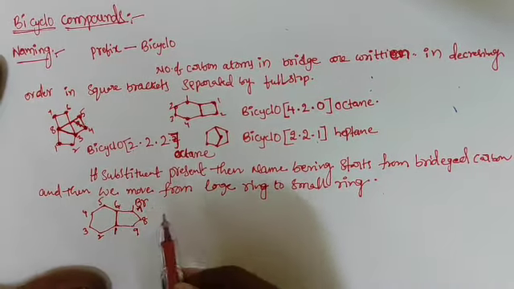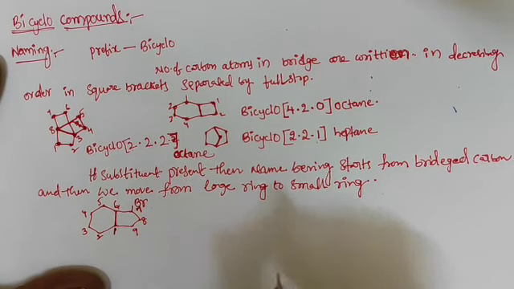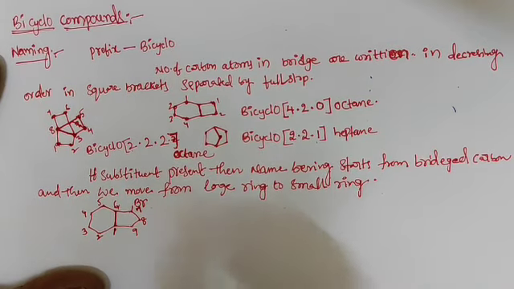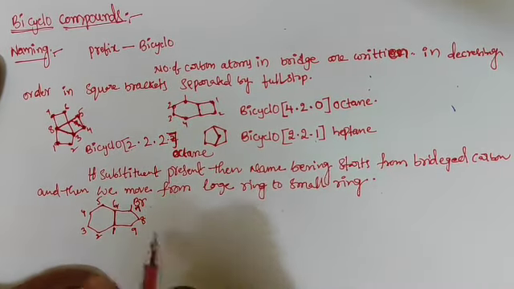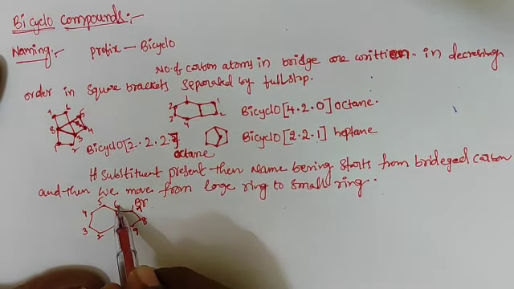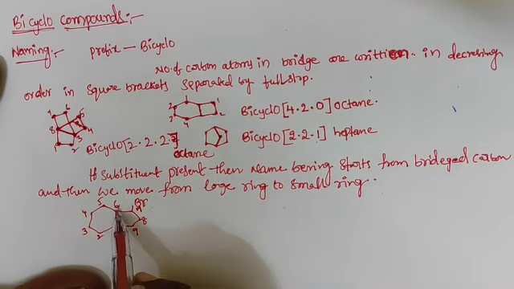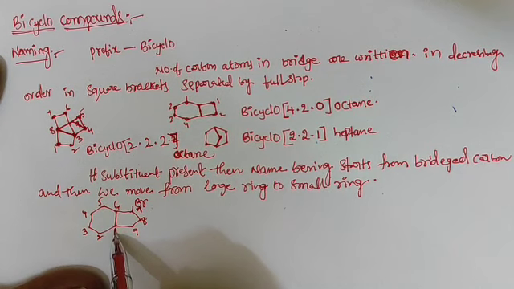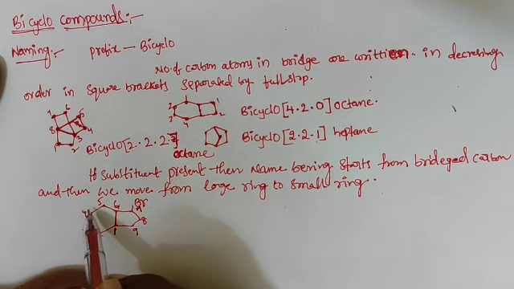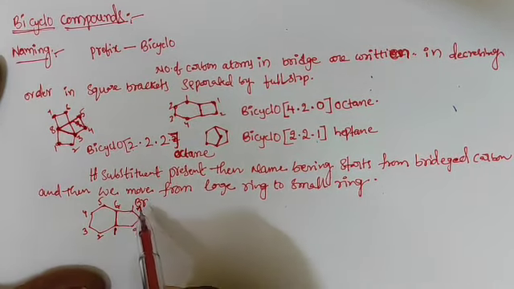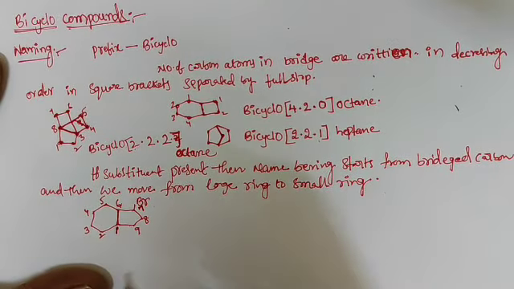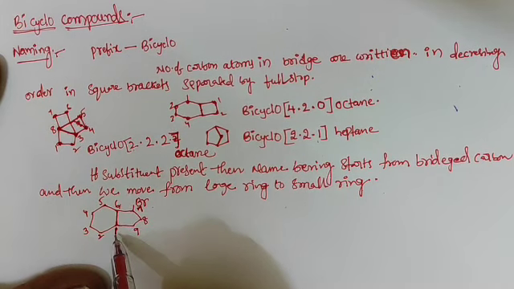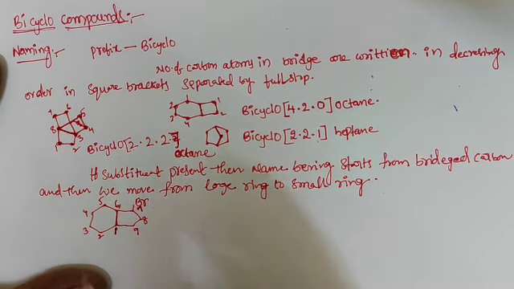So the rule: if a substituent is present, the name starts from the bridged carbon, and then we move from the large ring to the small ring.